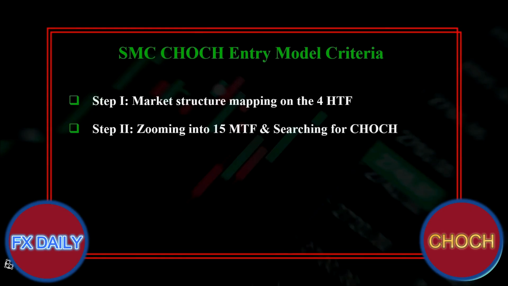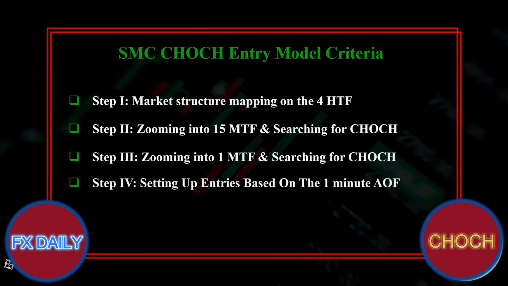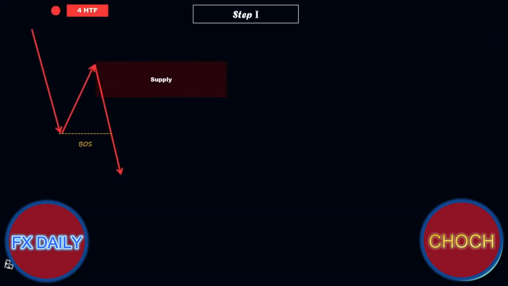Now, if the price in the 1-minute time frame shows the sign of the change of character, we will go to the 3-bar neighborhood. That is, we will zoom in on the 1-minute time frame and look for another sign of the change of character. After all these necessary conditions are established, it's time to go to the last time frame to adjust to the exact entry. Now that we have obtained a general profile of the main stages of the trading strategy based on change of character, let's go to the details of each of these stages. I will start from the first one.